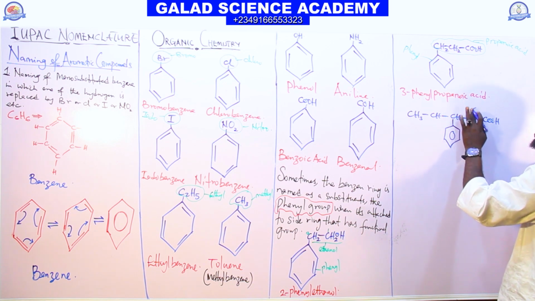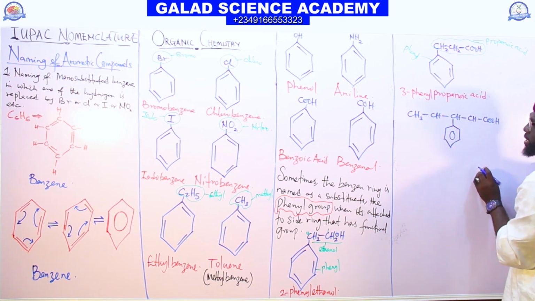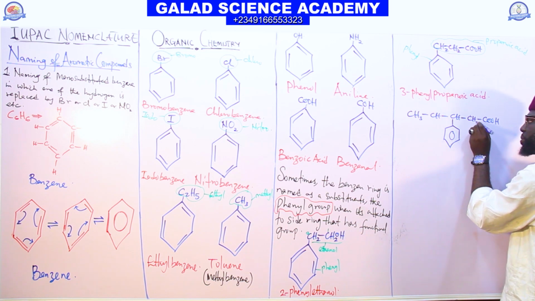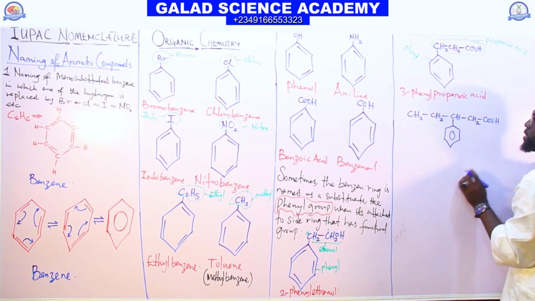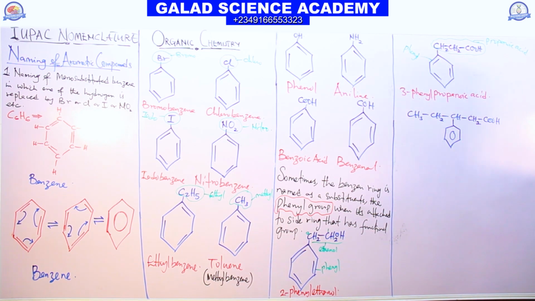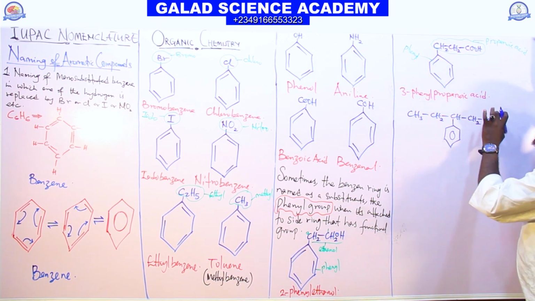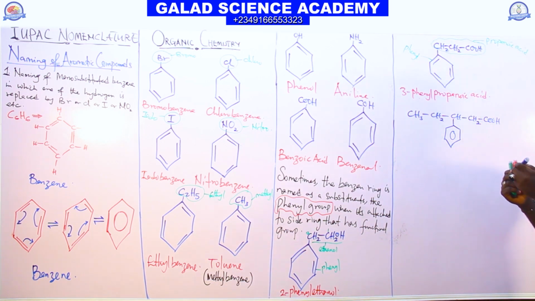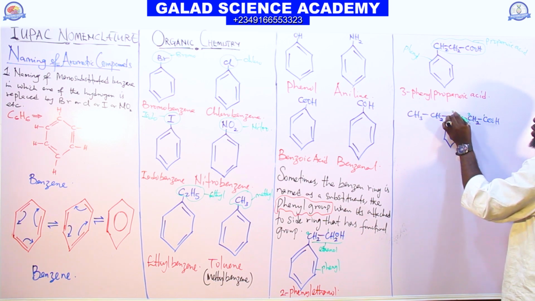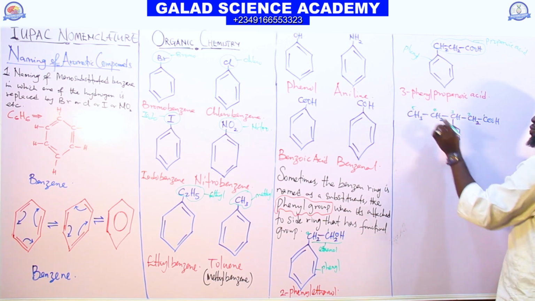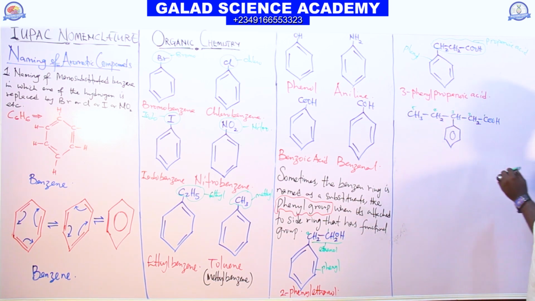It's not easy. You are now asked to name this compound. What will be the name? The side chain here contains how many carbons? 1, 2, 3, 4, 5. Five is pentanoic acid.